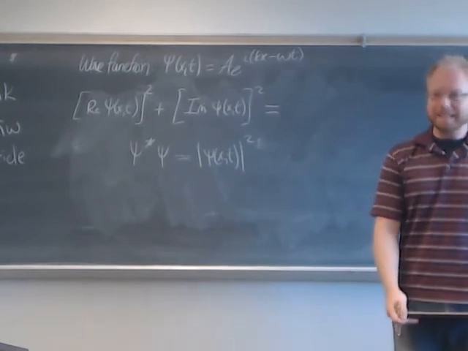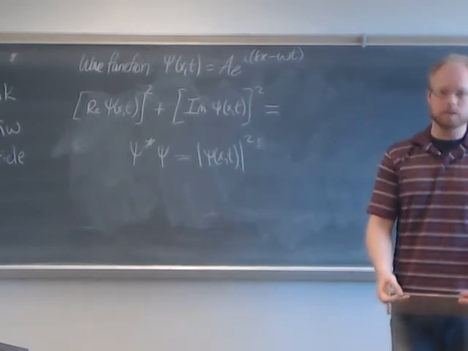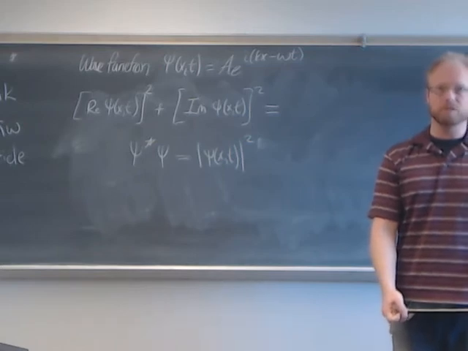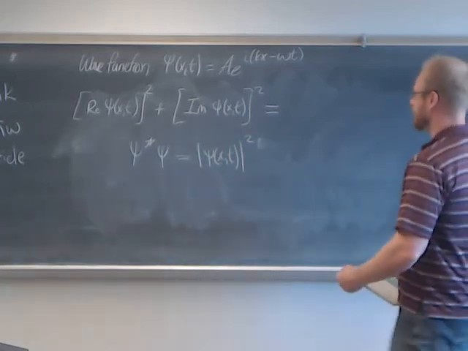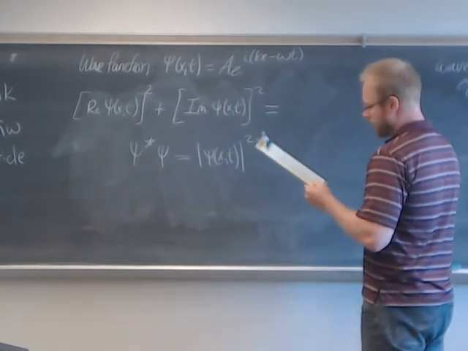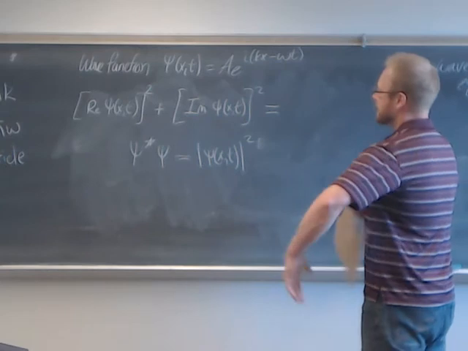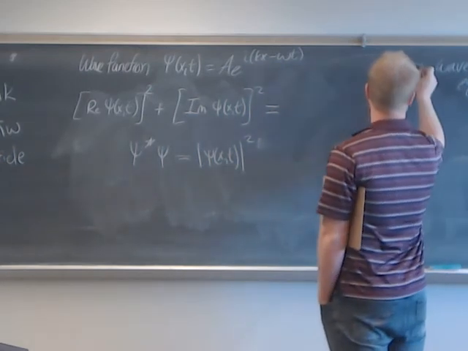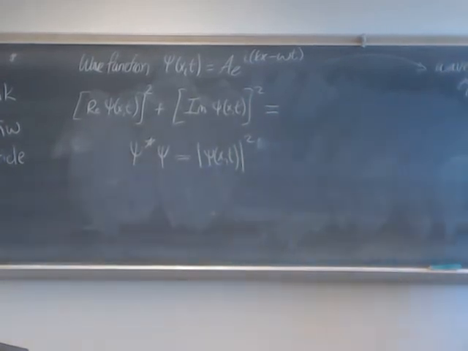This is not terribly different than the wave function that we use for particles on a string. Now, to know if the wave function is in fact a solution to the wave equation, the easiest way is just to plug it into the wave equation and see if it works.